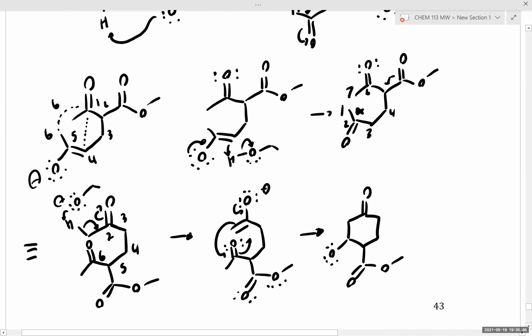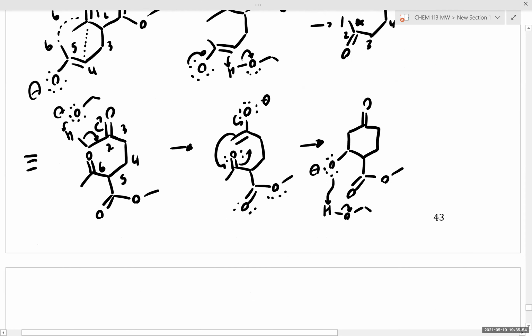From here now, we can protonate this alkoxide ion. That in turn gives us our beta hydroxy ketone.